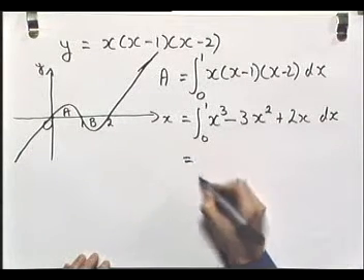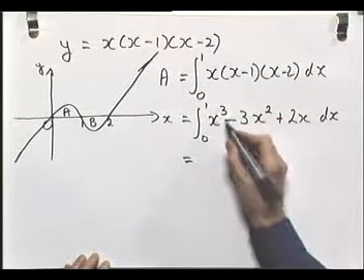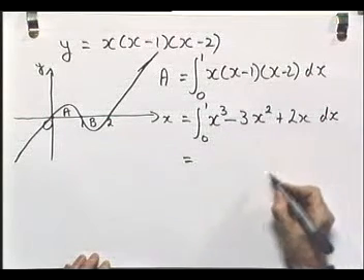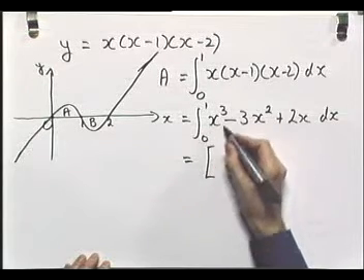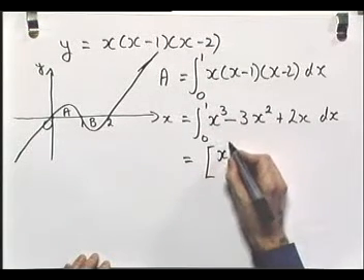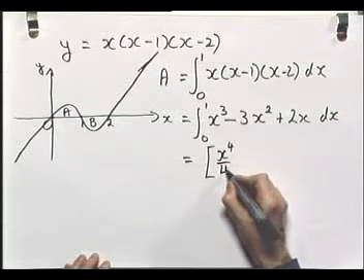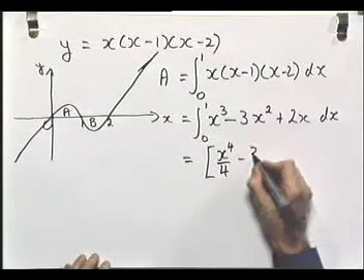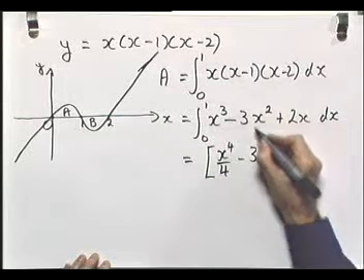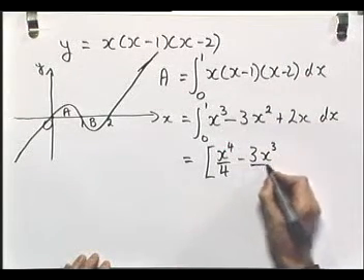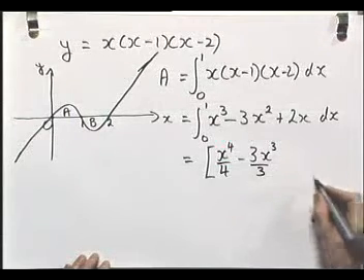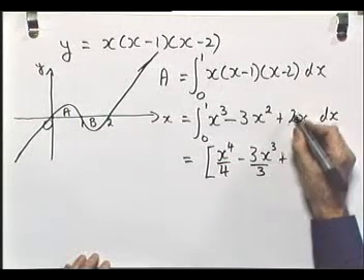So let's carry out the integration. Remember, we add 1 to the index and divide by the new index. So that makes x to the power 4 divided by 4, minus 3. To integrate x squared, we add 1 to the index, that's x cubed, divided by the new index, that's 3, plus 2x.